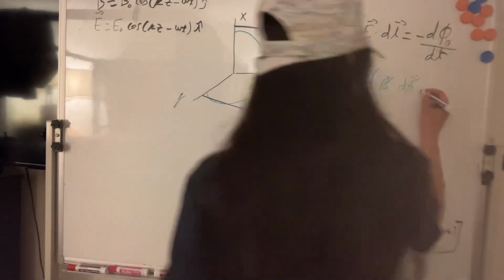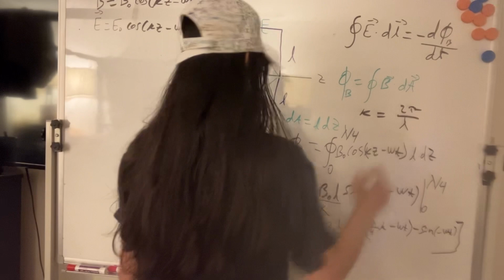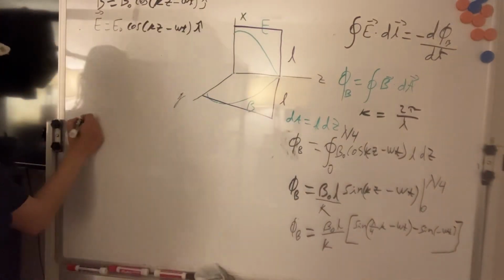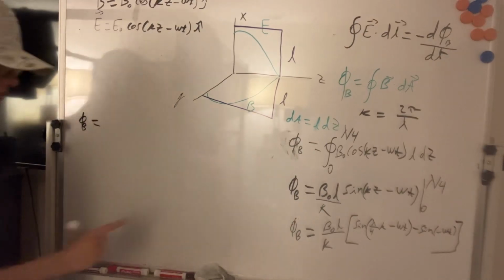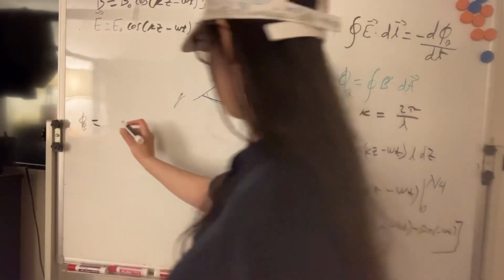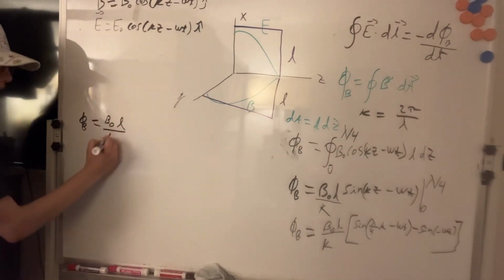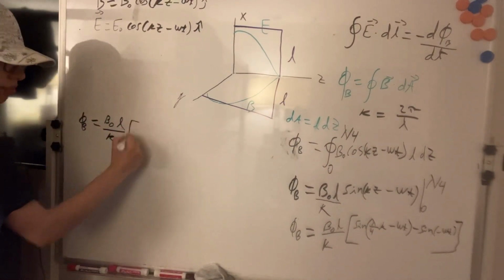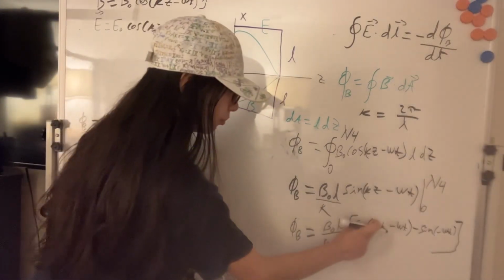Remember that k, the wave number, is equal to 2 pi over lambda.